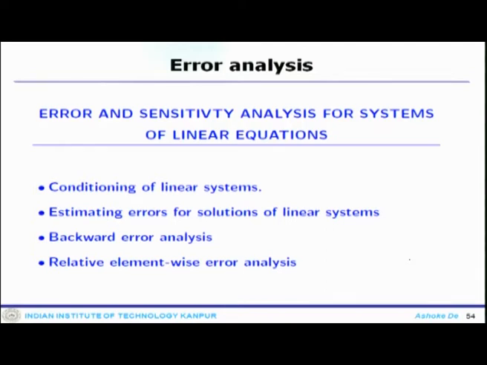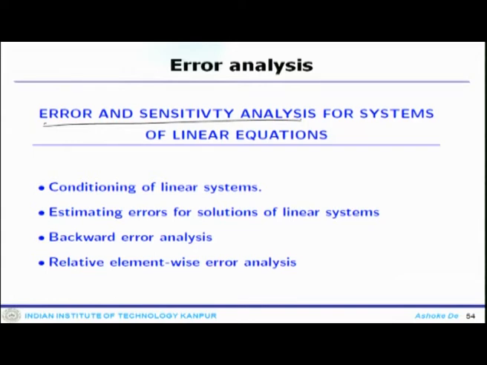Now, we can move ahead with our discussion of error and sensitivity analysis for the linear system. Upon discussing all these properties, norm, precision or rather rounding error, where it comes from, and the machine level precision, we look at the sensitivity analysis and error analysis.